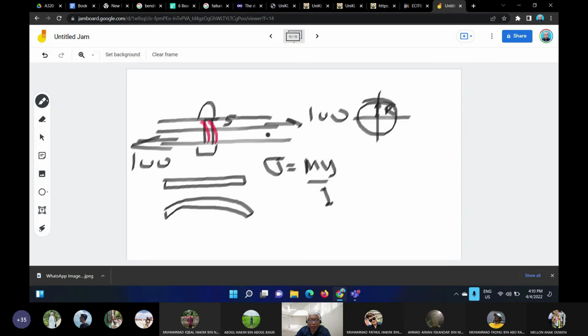So the moment will be 100 Newton times 5 mm, which you convert to Newton meter, 5 over 1000 times 100. So you get 0.5 Newton meter.